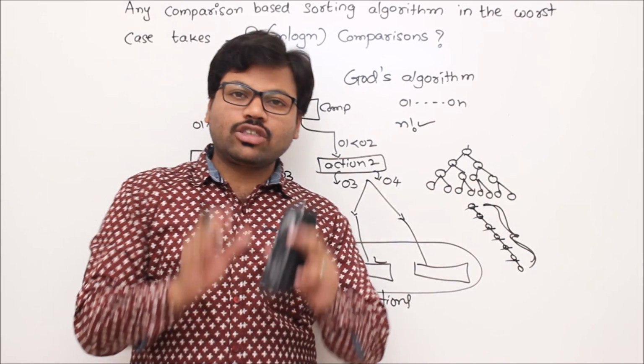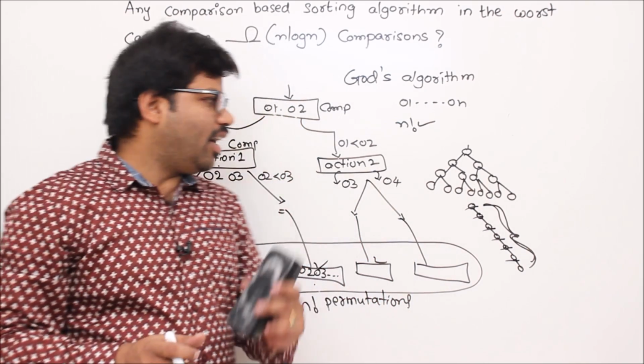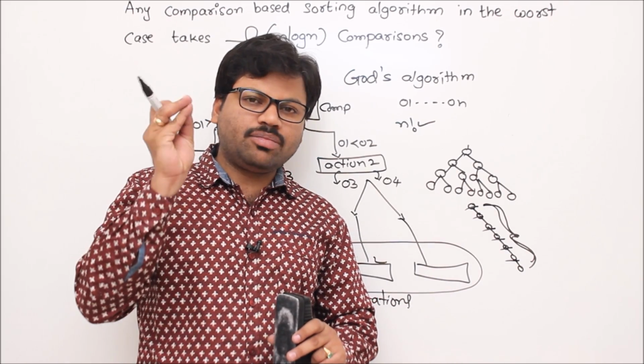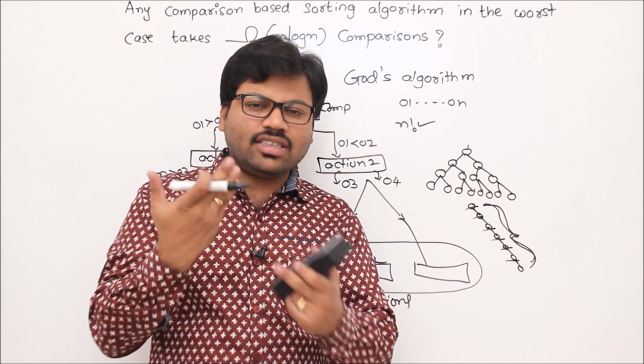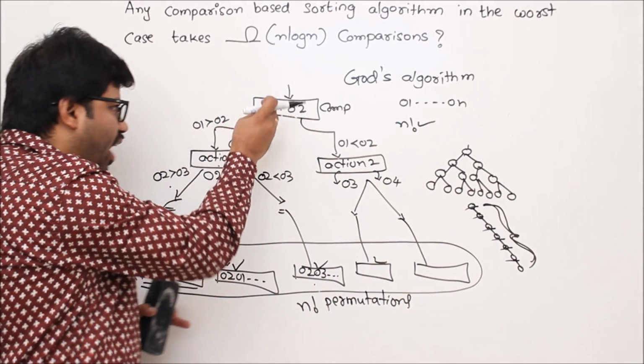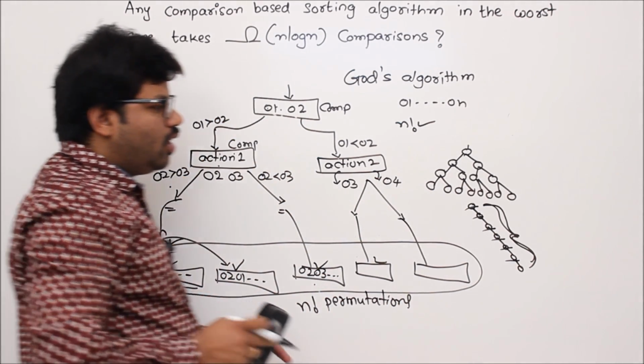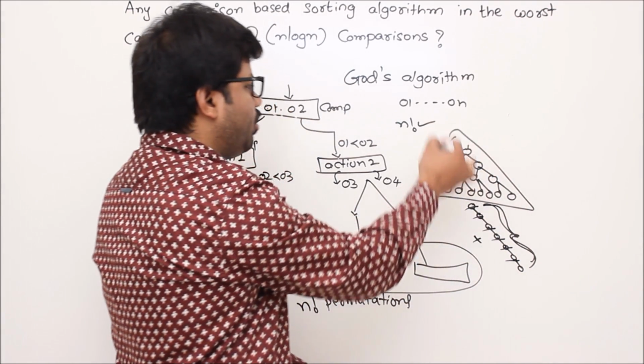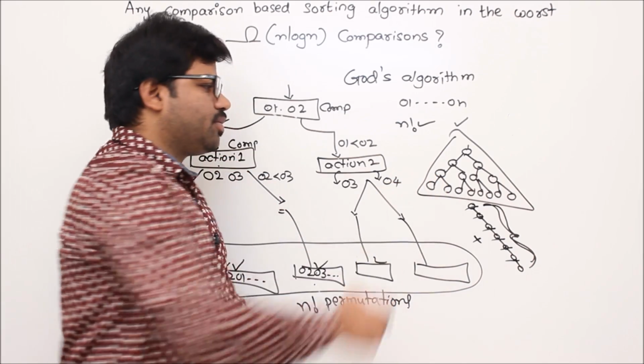If your algorithm is God's algorithm, then it should not take a lot of comparisons. It should take as few comparisons as possible. To have as few comparisons as possible, the tree structure should not be like this. Definitely it should be like this. Let me assume now my tree is like this.